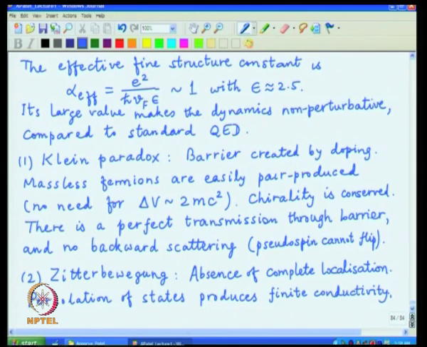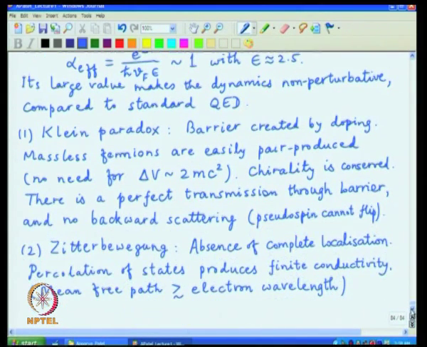And another way of saying this statement is the mean free path which describes the motion of the electrons in this material. It has a lower bound, and that lower bound is just the electron wavelength. We would have an insulator if the mean free path actually became 0, but that is not really possible.